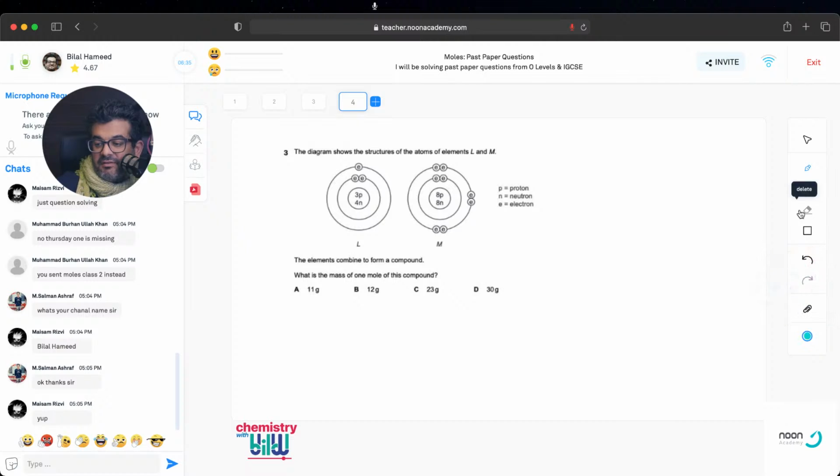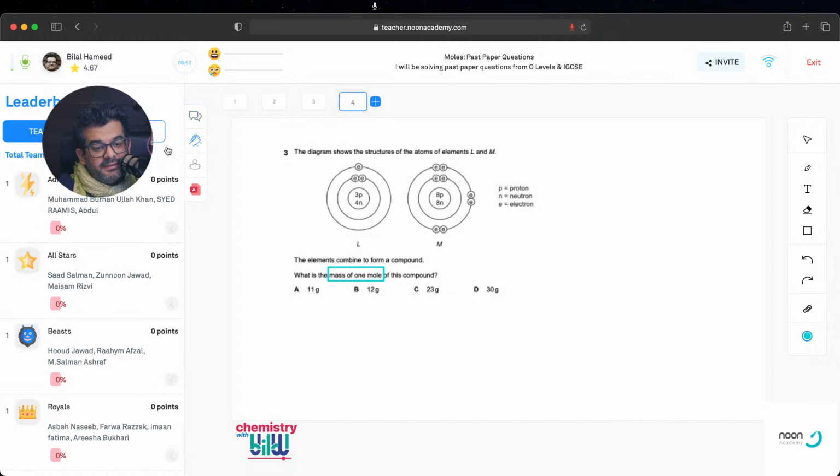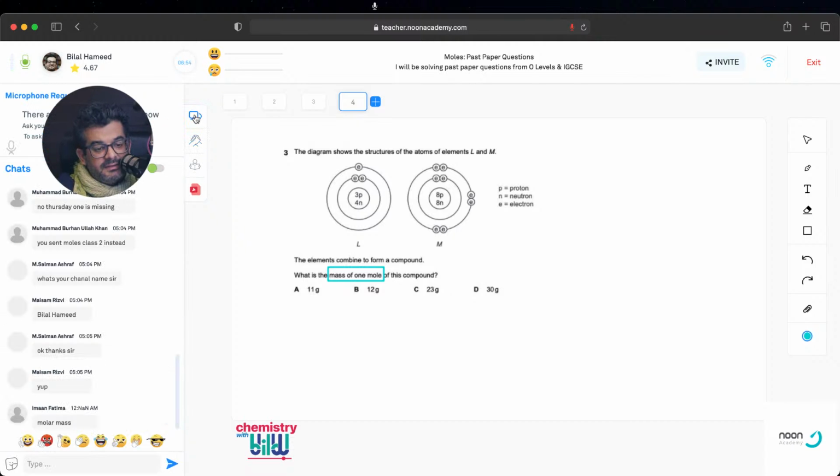We've learned the definition already. What is that term called? Molar mass. Absolutely.